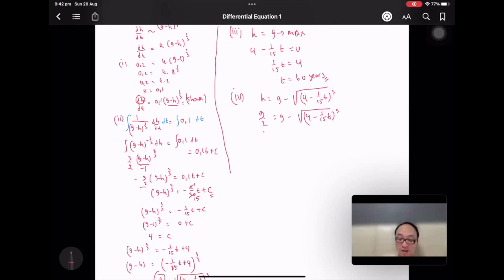So this one is 9 over 2 equals 4 minus 1 over 15t to the power of 3 over 2.